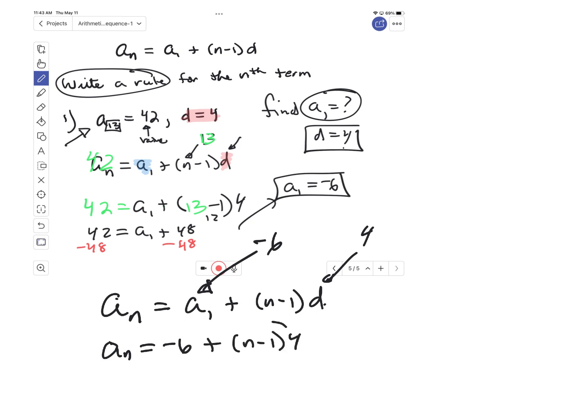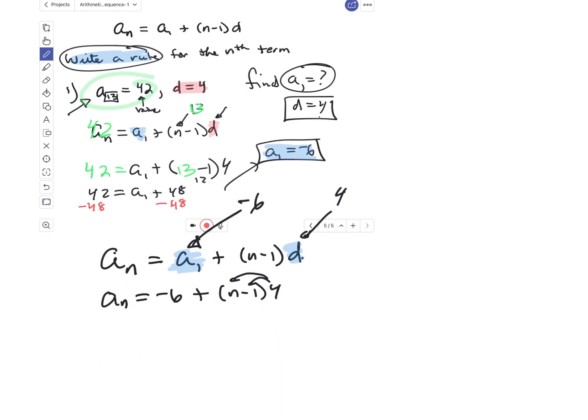And then I distribute, because when you're writing the rule, I only need a sub 1 and d. That's it. So I had to use this information that they gave me just to be able to find what a sub 1 is.